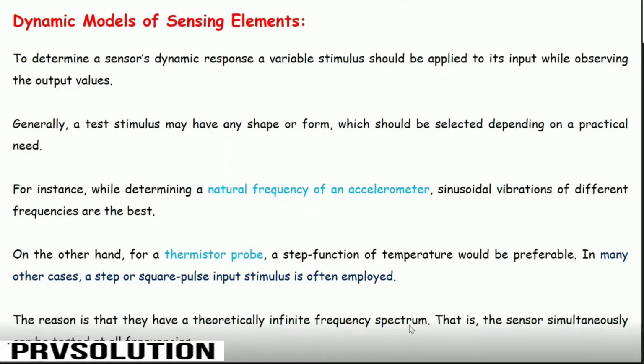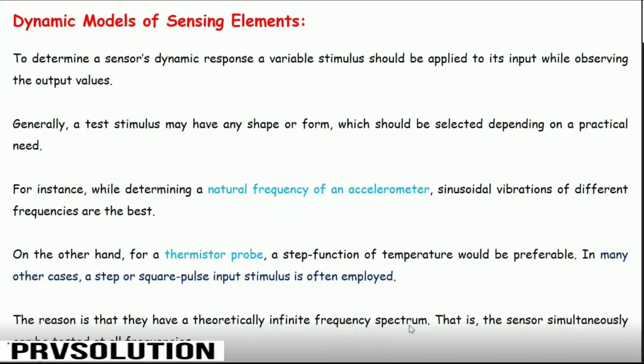In other cases, a step or square pulse input is often employed. And why is it so? Generally, if we talk about test signals, there are basically three types: one is impulse, second is step, and third is ramp. I hope you are all familiar with the impulse function, step function, and ramp function.